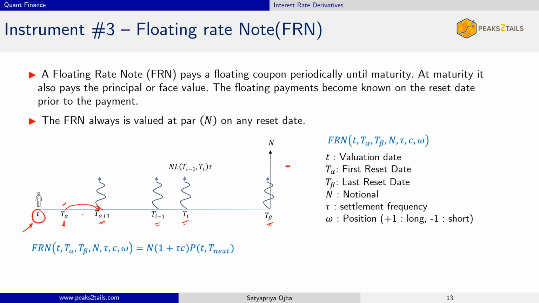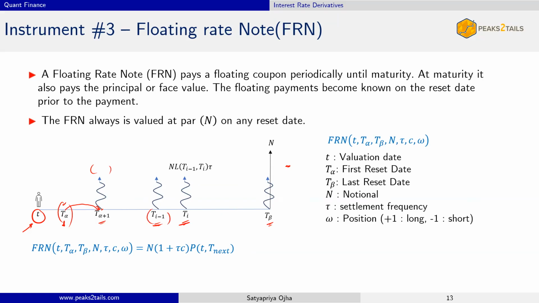Between T alpha and T alpha plus 1, you know the rate, and based on that rate you get the coupon payment. Remember, on T alpha there is no payment. It's the first reset date. The payment starts from the next one.